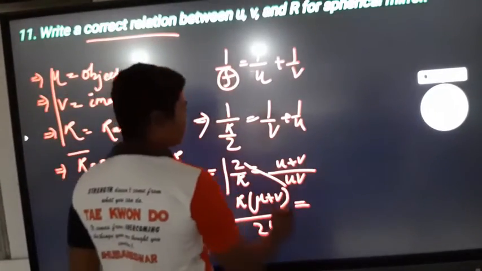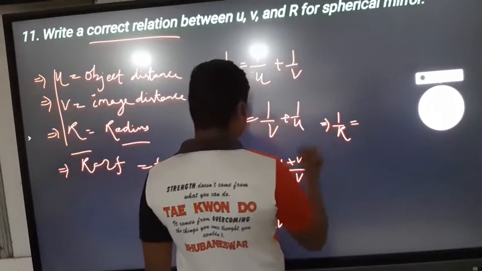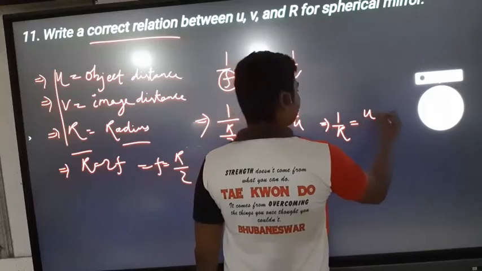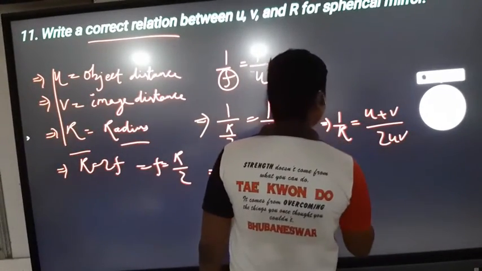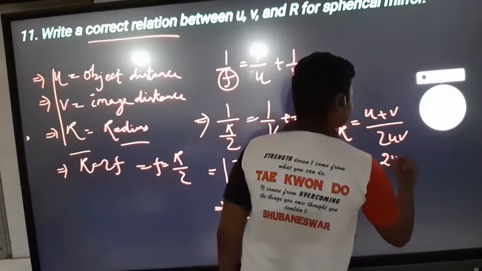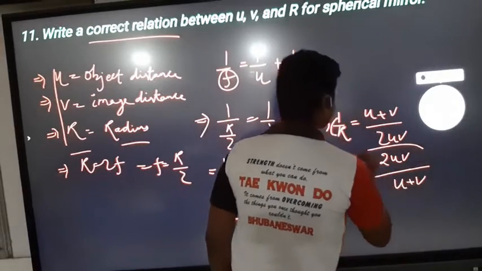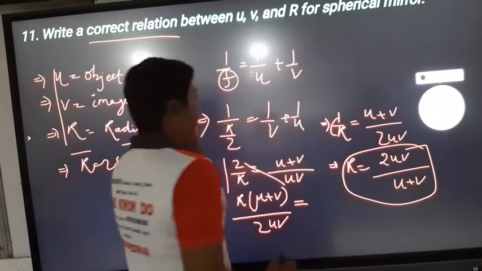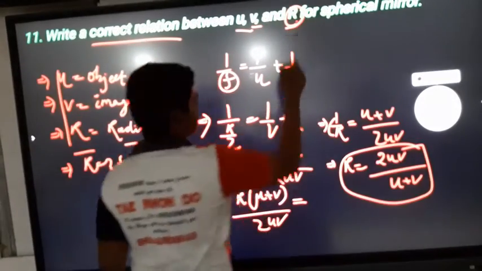Or we can write it as 1 by R equals U plus V by 2UV. So interchanging, R will become 2UV by U plus V. So we have got a relation between the object distance, image distance and radius of curvature.